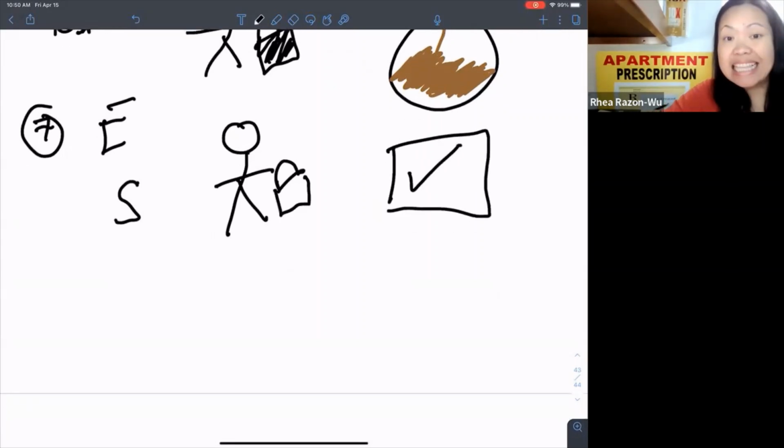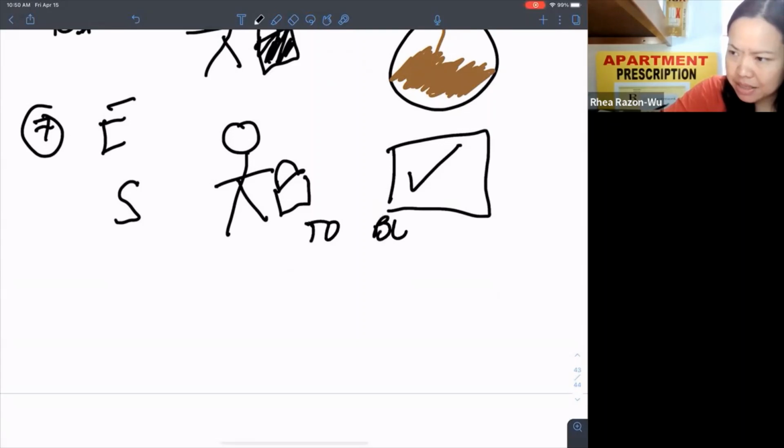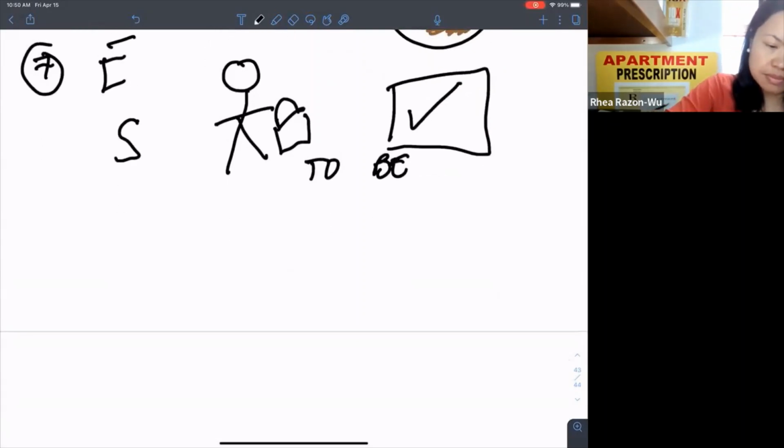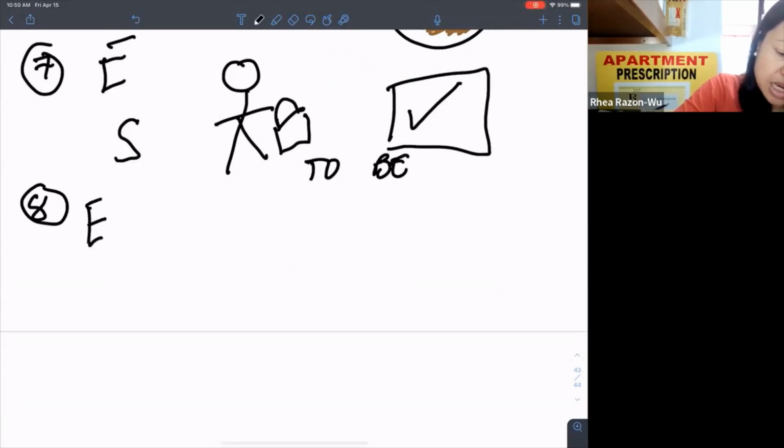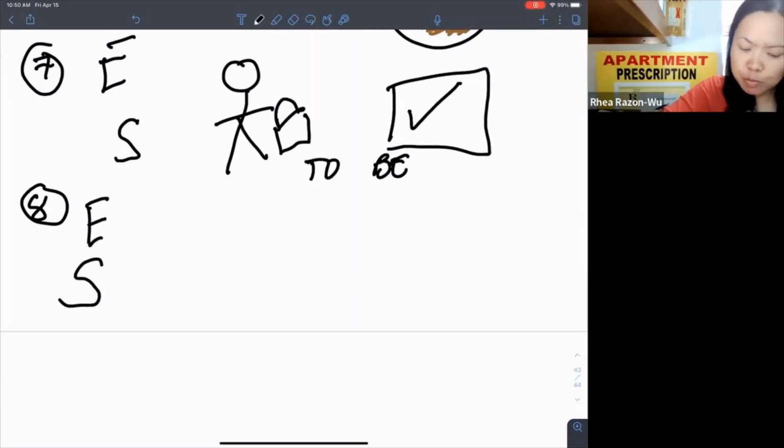The seventh point is the E, the employee. The employee and the self-employed, the specialist, the small business, they have to work to be paid. Eighth point, the employee, the specialist, the self-employed, the small business, they also have a very big heart.